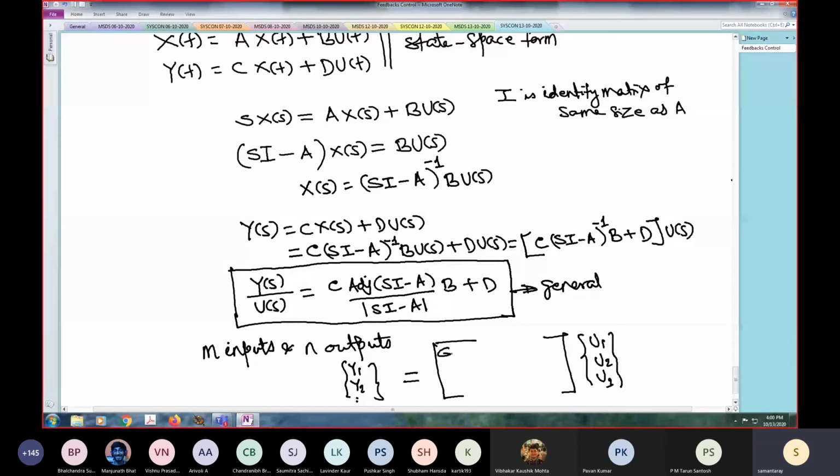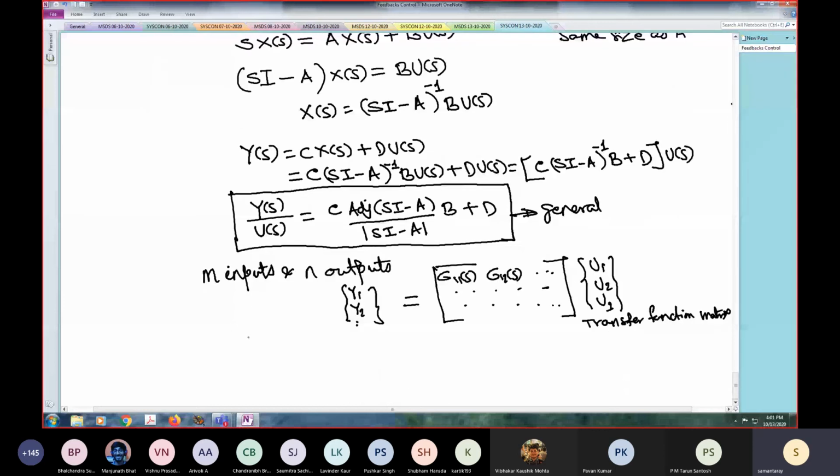So here is G11(s), G12(s). A lot of transfer functions will come. This will be called the transfer function matrix.